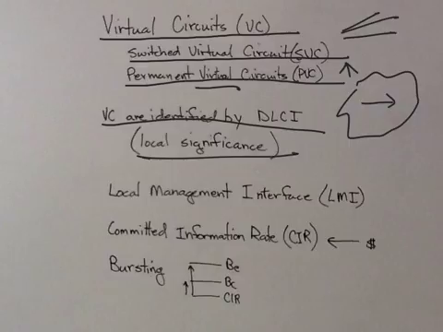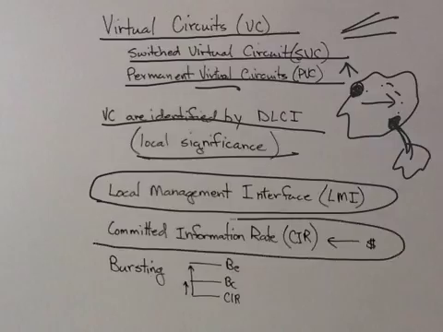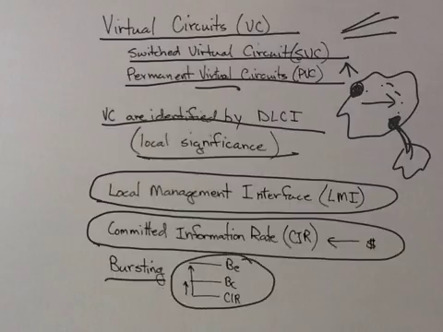It has local significance. We have a certain protocol for the local management interface. That's to get into the frame relay switch. Once it's in the cloud, your service provider takes care of the frame relay. You purchase a committed information rate, and then there are these rules on bursting, which we'll talk more about specifically later on. We have a committed burst, and then we have an excess burst.